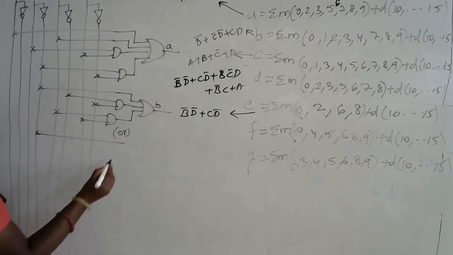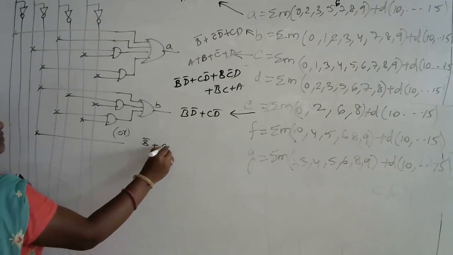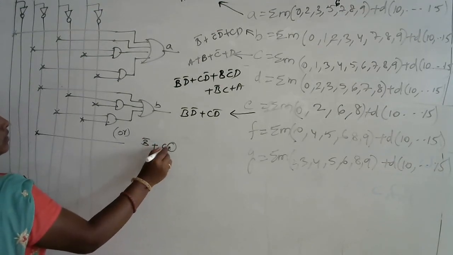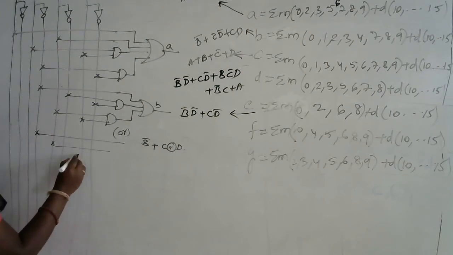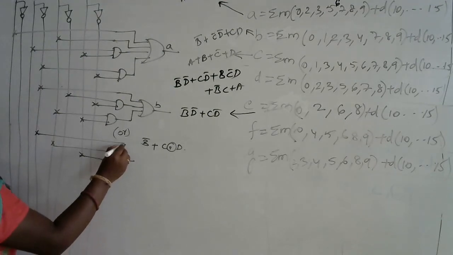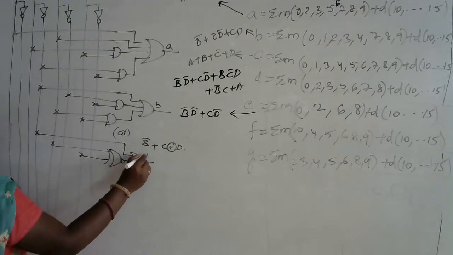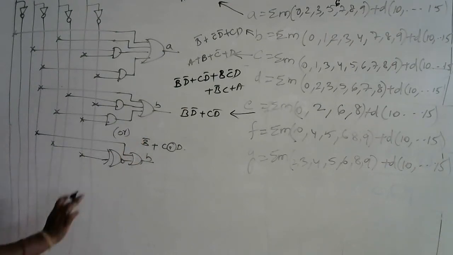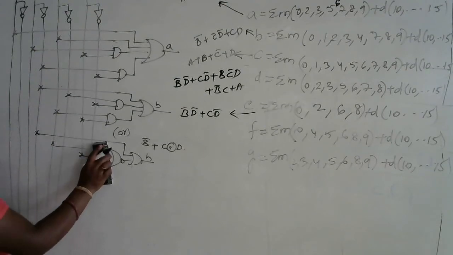This is for B: B bar plus C XOR with D. Here XOR is nothing but C and D. Take C, D, connect an XOR gate. From this XOR gate, connect towards the OR gate. This is for B. Either you can draw in this way or in this way. This is by using AND and OR gates. This is by using XOR gates.